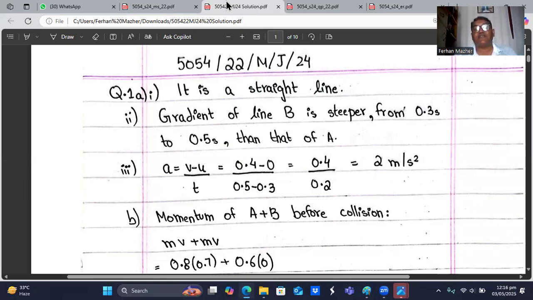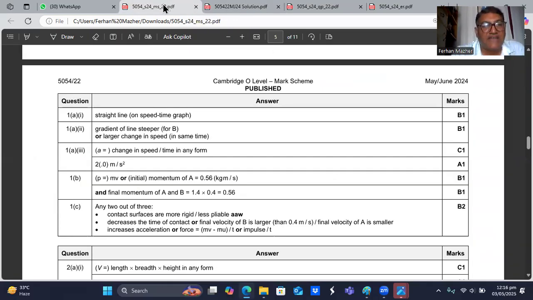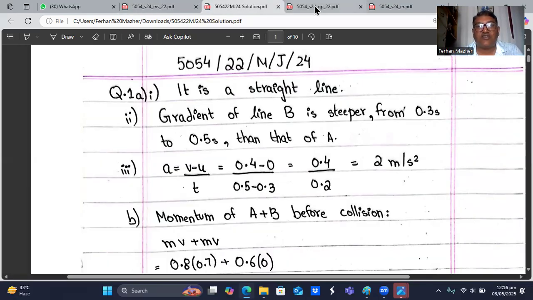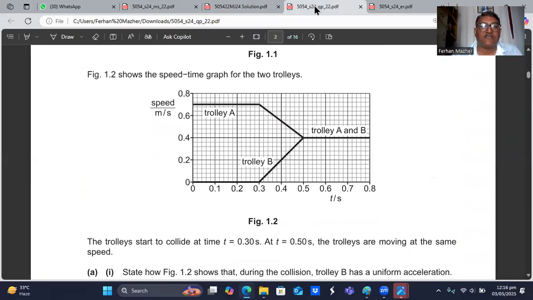So 0.4 minus 0 divided by 0.5 minus 0.3, that's 0.4 divided by 0.2, which equals 2 meter per second square. So the acceleration is 2 meter per second square. It's a straightforward question. I hope you understand. So let's go to the next part.